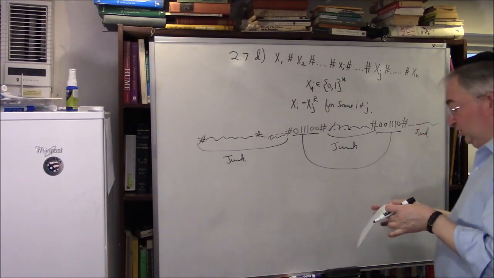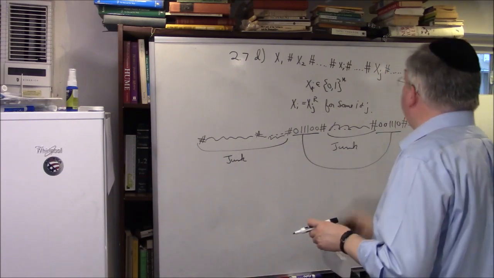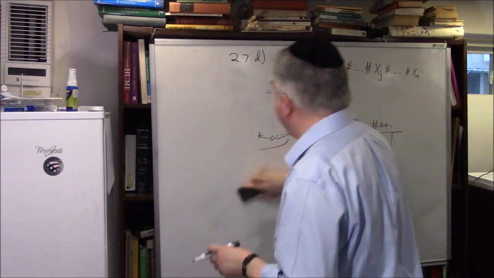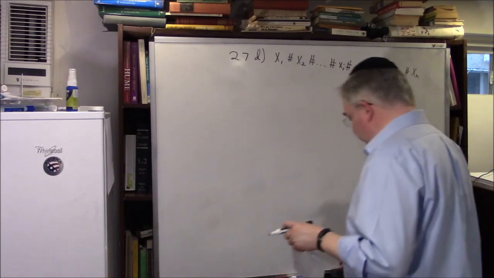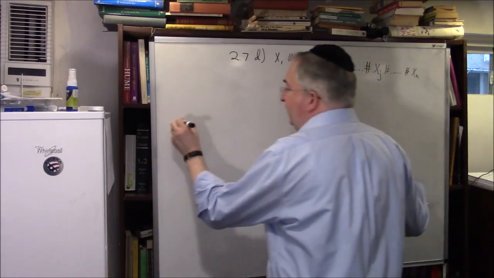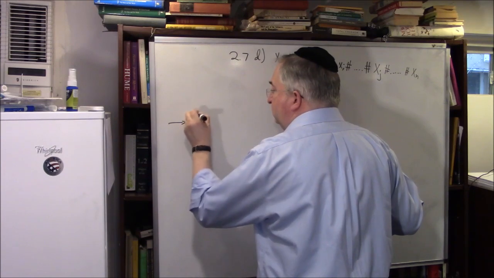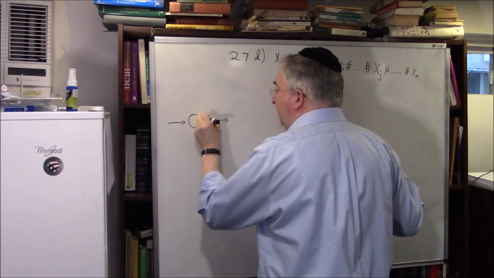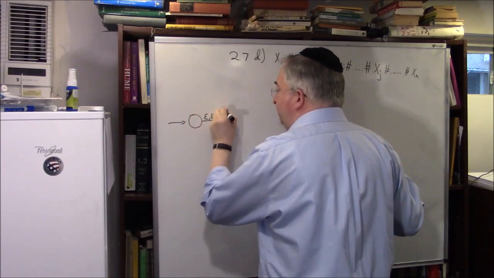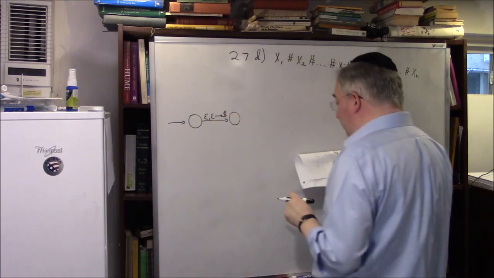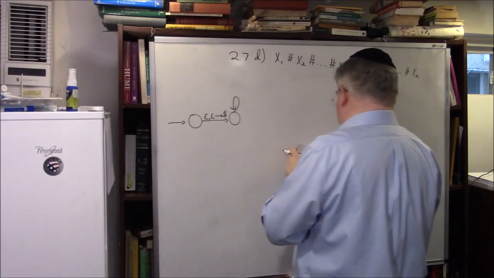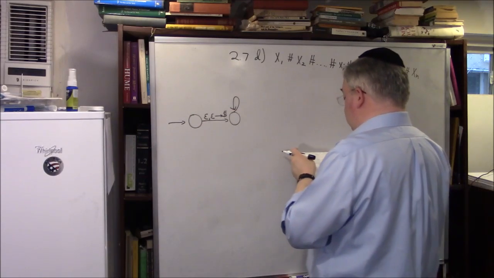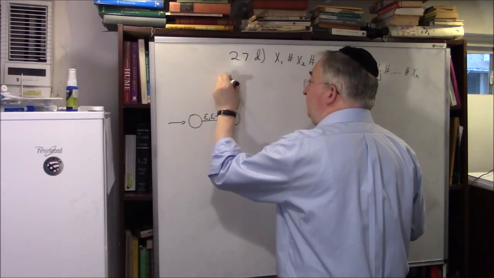Okay, so let's do this. I'm going to erase. I need all the room I can get. It's not hard. Once you see this, it's exactly the same thing as before. Okay, so it goes as follows. Push on a dollar sign so you can have the bottom of your stack. Then here, push on number sign.